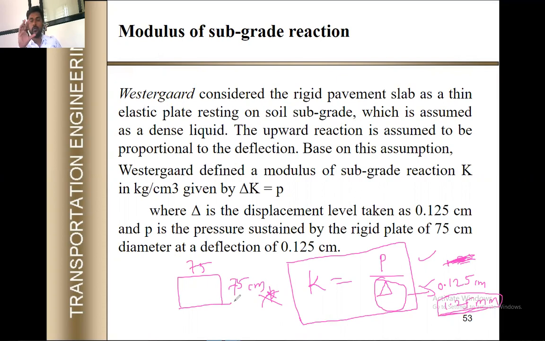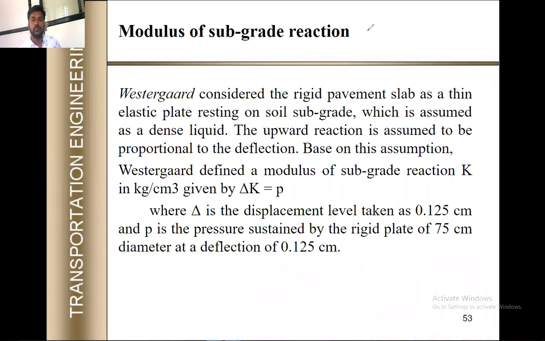We keep the plate on the ground and apply load, which gives us the deflection. We stop at a deflection of 1.25 mm, and the pressure at that time divided by that deflection gives the modulus of subgrade reaction, K is equal to P by delta. By using this formula we get the modulus of subgrade reaction.